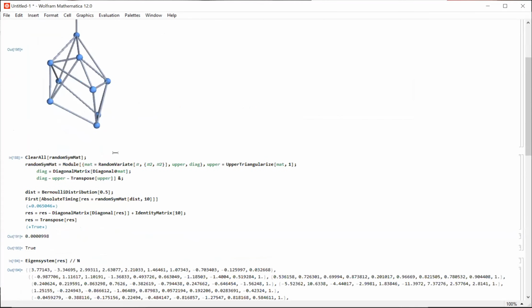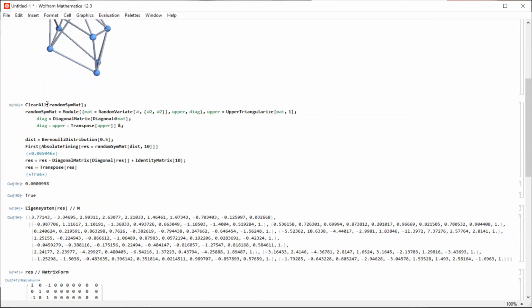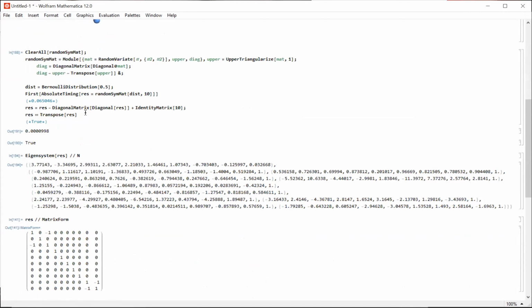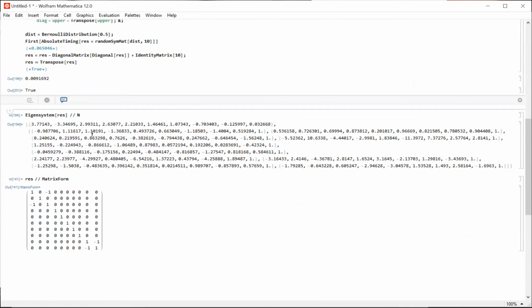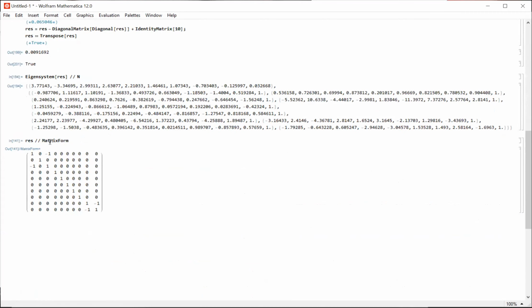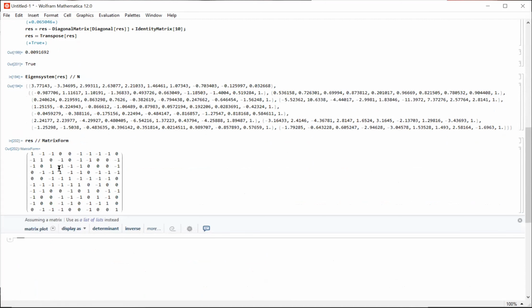So what you can do is generate a random molecule just for fun. And how that works is you just generate a random matrix that's symmetric and it has, say, ones along the diagonal. Those are the bound states. And then on the off diagonals, you have -1.